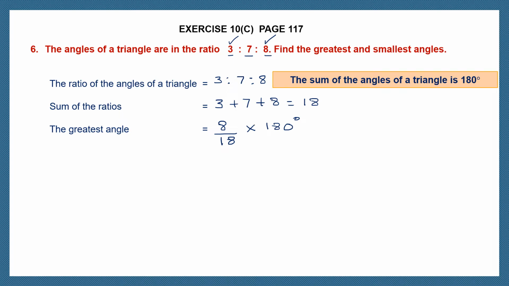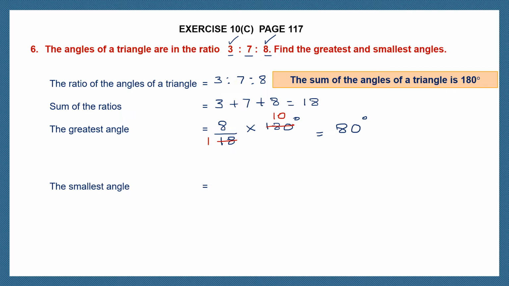I can cancel 18 and 180 by 18 itself, isn't it? 18 ones are 18 and 18 into 10 will give us 180. Now we need to multiply the numerators. 8 into 10. 8 tens are 80. So we have found the greatest angle to be 80 degrees.